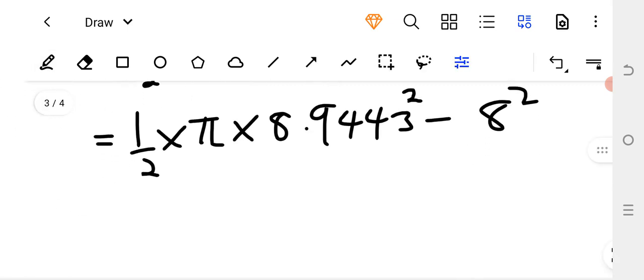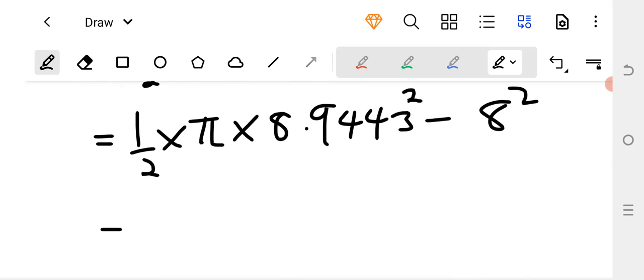At this particular point, maybe we can simplify one or two things. What is half times pi times 8.9443 squared? You are going to have 125.6645, whatever answer you get, correct to 4 decimal places.